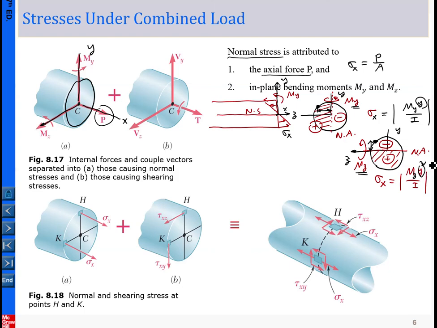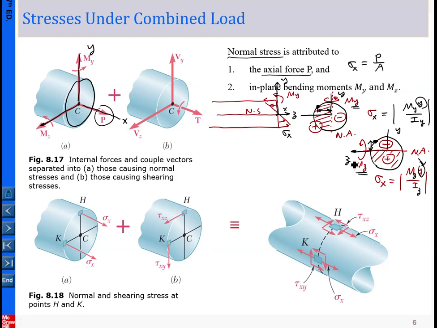I is the moment of inertia with respect to the neutral axis, which is the z-axis here. So here this is about the z-axis, and for the earlier case the neutral axis is about the y-axis. Basically the normal stress can be contributed by the axial loading and the bending.